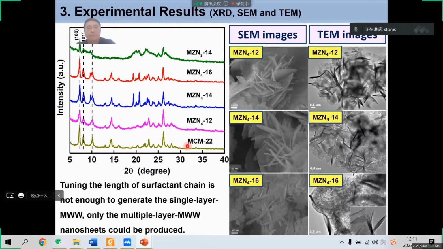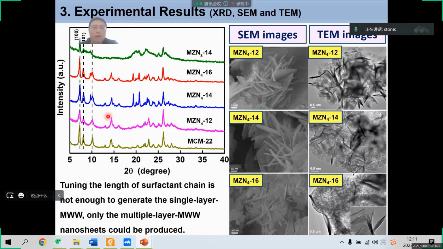So here is the XRD pattern for the conventional MWW zeolite. We call it MCM-22, but MZN means MWW zeolite nanosheet. MZN4 and MZN8 mean different percentages of surfactant in the synthesis gel. And 12, 14, 16 mean the chain length of the surfactant.